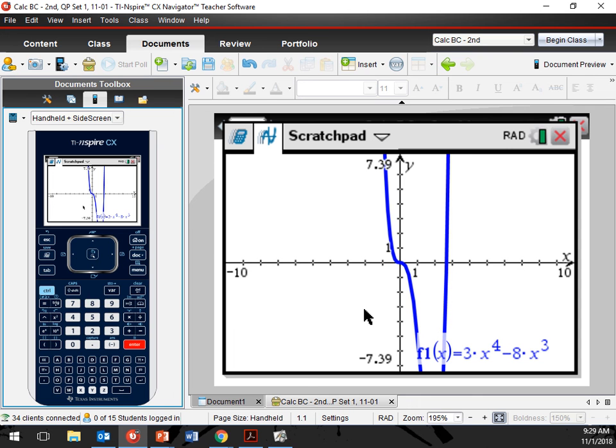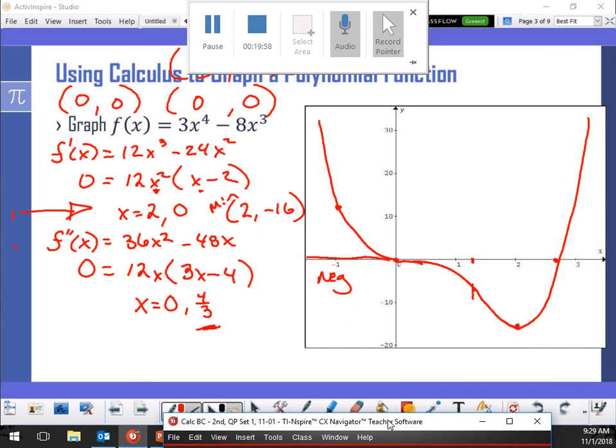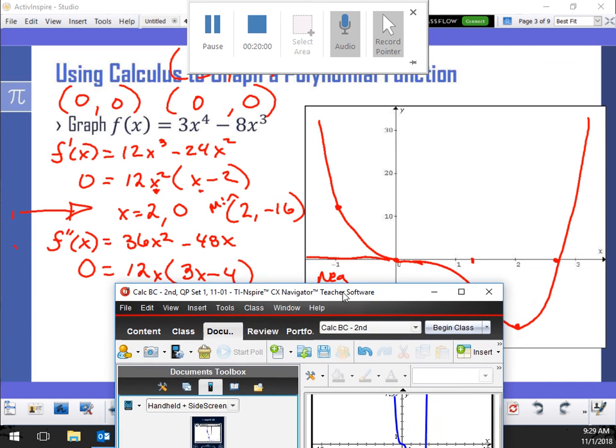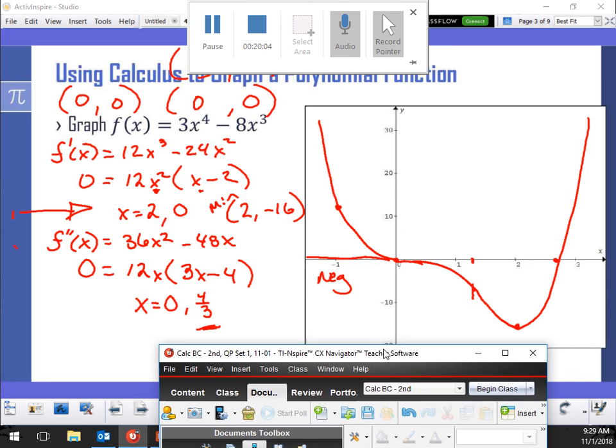Graph. There we go. Looks not bad. Well, what's different here? Hold on, let me see. The scale. Yeah, scale. I go from basically -2 to 4. This goes down to -20.